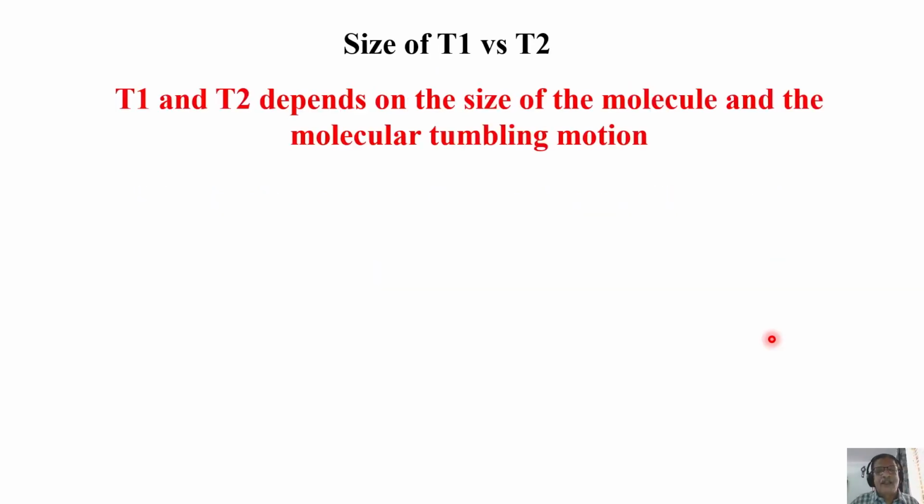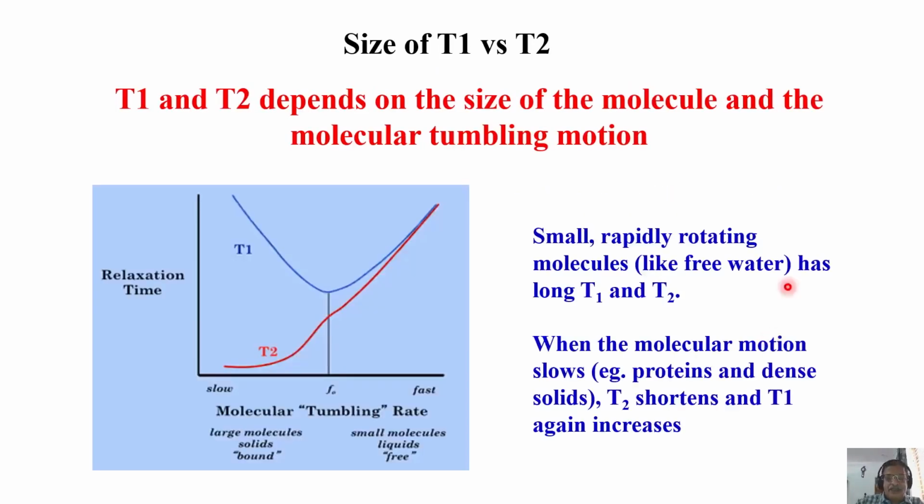Of course, don't worry about that. Now, what is the size of T1 and T2? If you want to see, look at this. This is a function of molecular tumbling, which produces fluctuating fields enabling relaxation processes. If you look at this graph, small and rapidly rotating molecules like small free water molecules have a very long T1. You see, T1 is very, very long for small molecules.